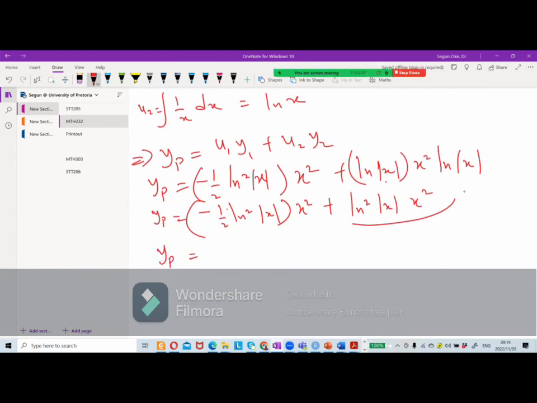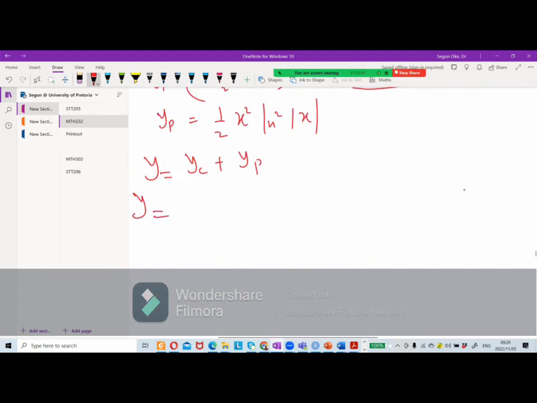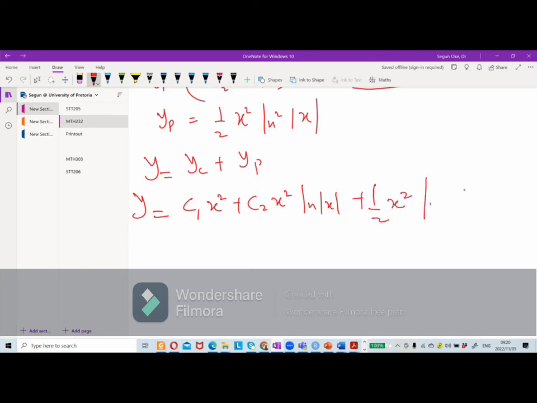So our yp will be 1 over 2 x squared ln squared x. The general formula is y equals yc plus yp. The general solution will now be c1 x squared plus c2 x squared ln x plus 1 over 2 x squared ln squared x.